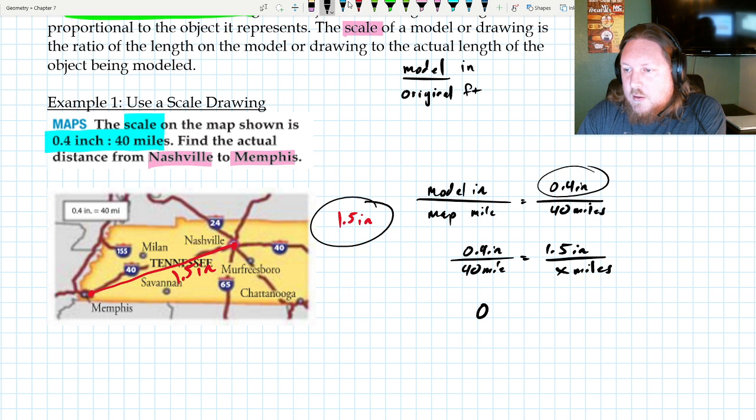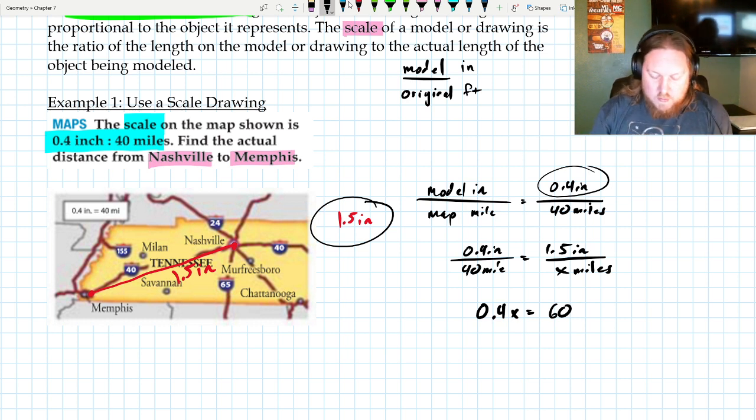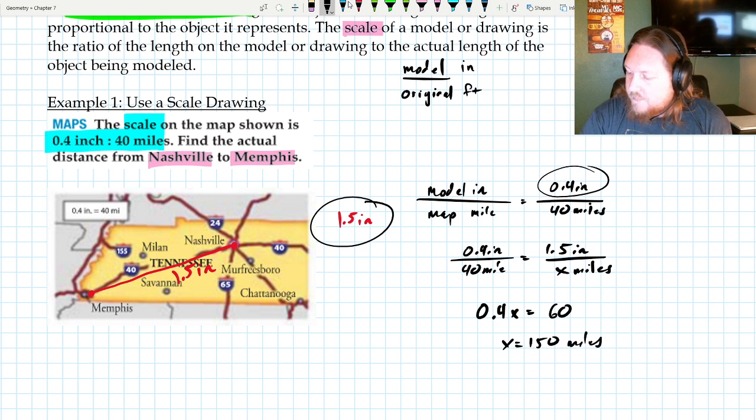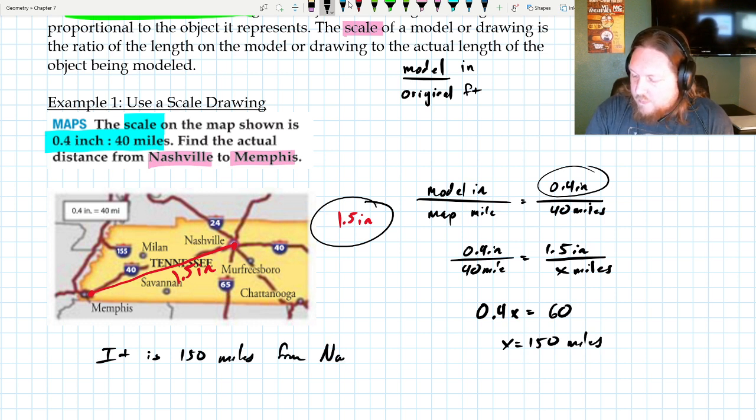Do my cross product: 0.4x equals 1.5 times 40, which is 60. Divide both sides by 0.4. 60 divided by 0.4, and you get x equals 150 miles. So it is 150 miles from Nashville to Memphis.